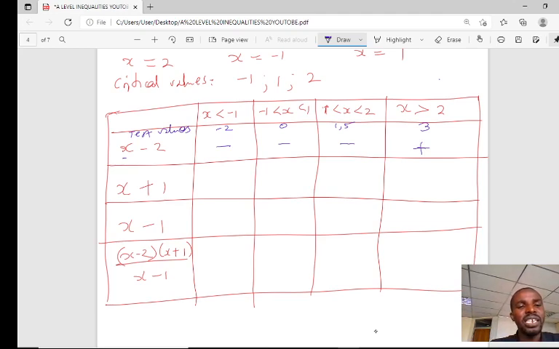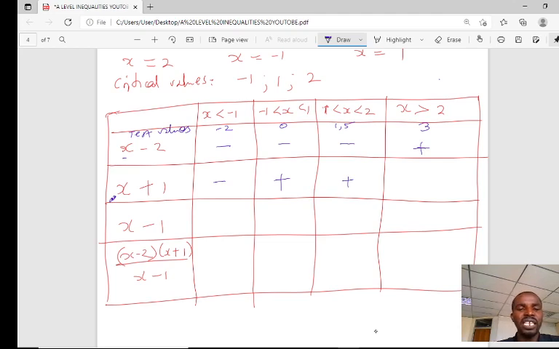Then the next row, where there is x plus 1. Put x as minus 2, you get a negative answer, minus 1. Then put x as 0, you get a positive answer. Then put x as 1.5, 1.5 plus 1, you get a positive answer.